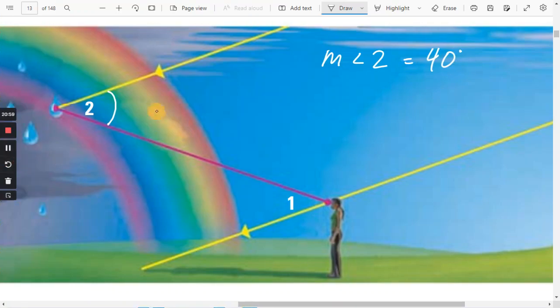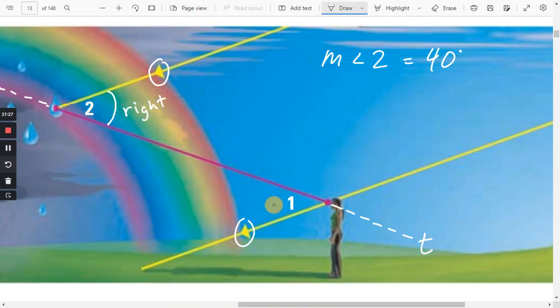So on this diagram, we have the parallel lines. You see the little triangles here. So this line here in purple, I'm going to extend it a little bit. This line here in purple is the one that's cutting through the parallel line. So that's your transversal T. Okay, we can see 2. 2 is on the right.